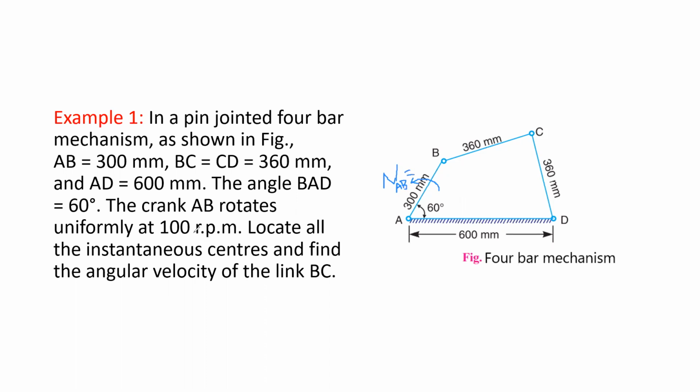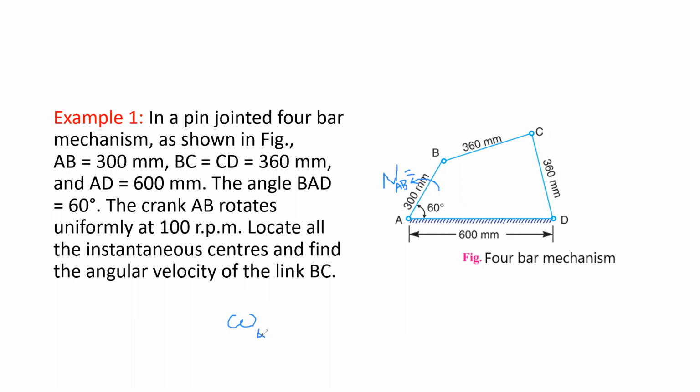Okay. So if RPM is given to you, you can find out its angular velocity in radian per second. What is the formula for that? Omega of link AB.